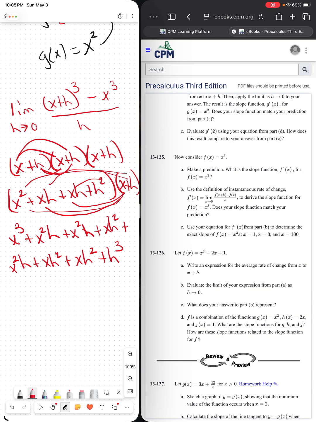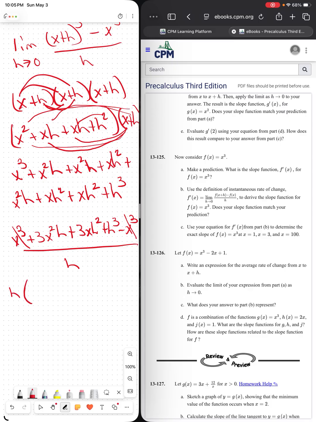Clean this up: x cubed plus 3x squared h plus 3xh squared plus h cubed minus x cubed all over h. The x cubes cancel.